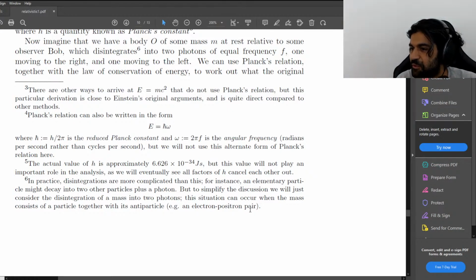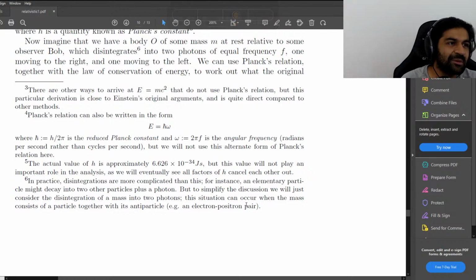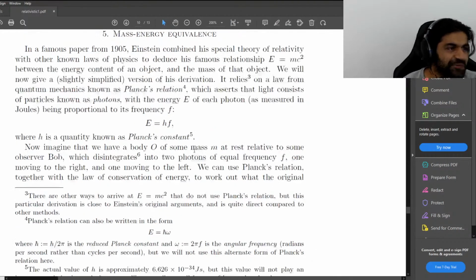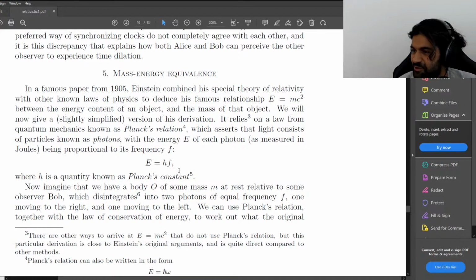So, is energy being proportional to frequency a classical physics assumption? Did Einstein use it? I believe Einstein used something close to it. You can read the paper if you would like more details, but I do believe this is something coming from quantum mechanics. We're trying to give the simplest derivation possible. So I don't believe this is from classical physics, but maybe someone knows more than I do.